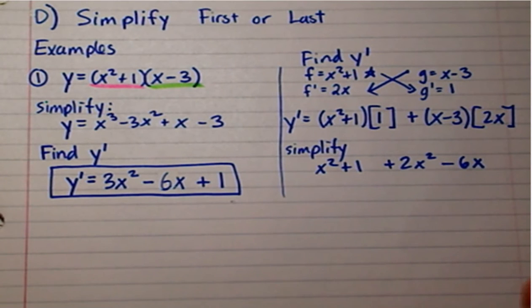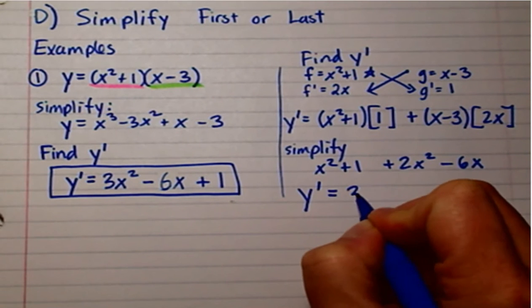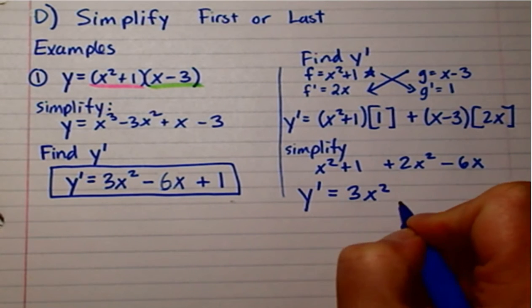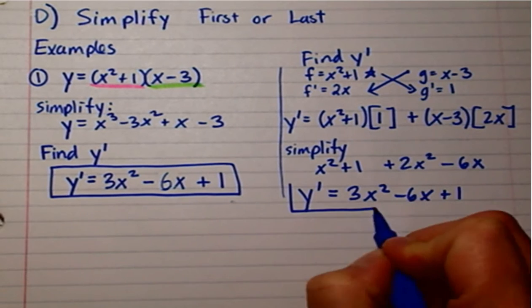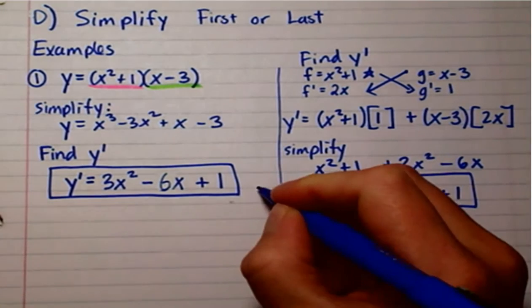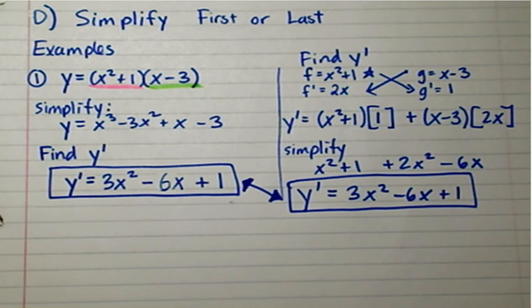Combine your like terms. y prime equals... same answer. It doesn't really matter which order you do it in. You're going to get the same answer.